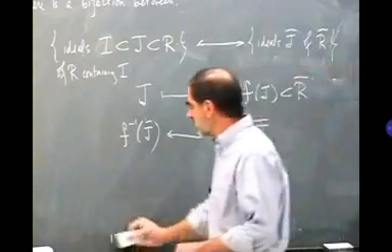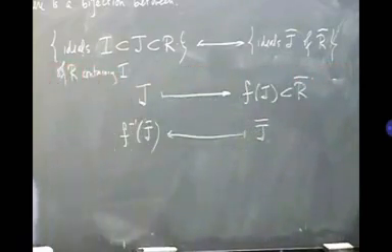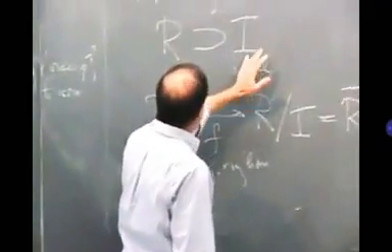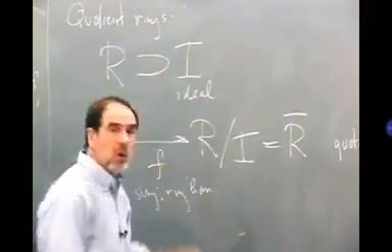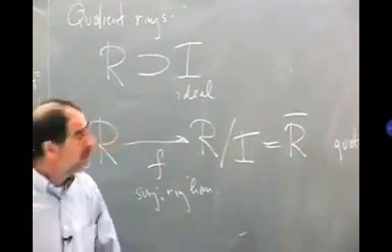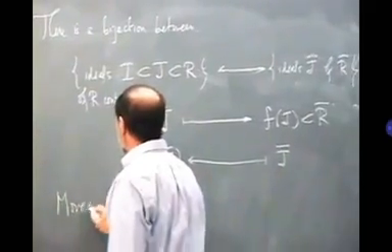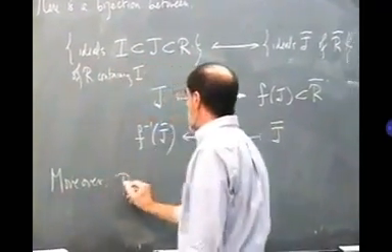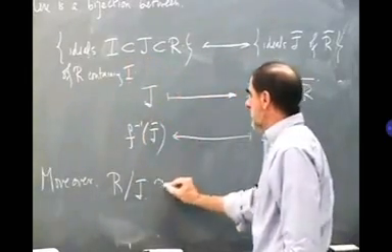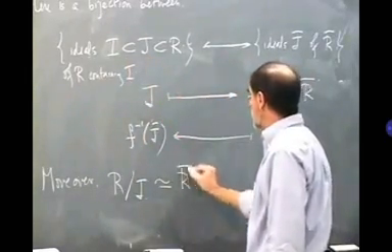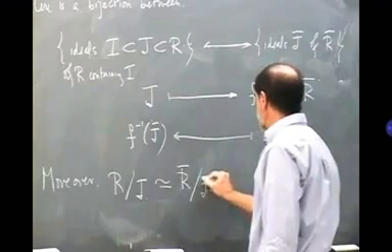So there's an important bijection. That's like the bijection between subgroups of G containing a normal subgroup and subgroups of the quotient group. Same kind of bijection. And moreover, the quotient of R by J, this ideal containing I, is isomorphic to the quotient of R bar by J bar.